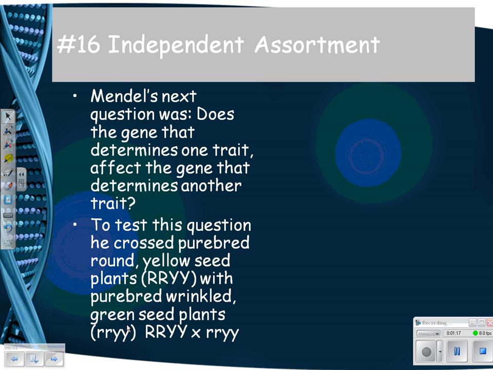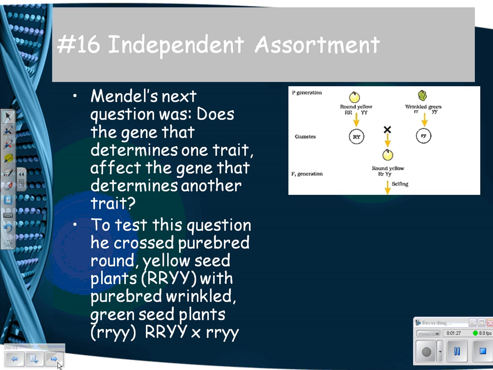So to test this, he crossed the purebred round yellow seed plants with the purebred wrinkled green seed plants, kind of like this. So we see the round yellow, big R, big R, big Y, big Y. Notice that when it makes gametes, you're going to have one of each of the traits.